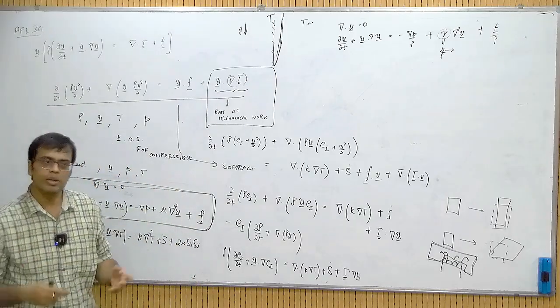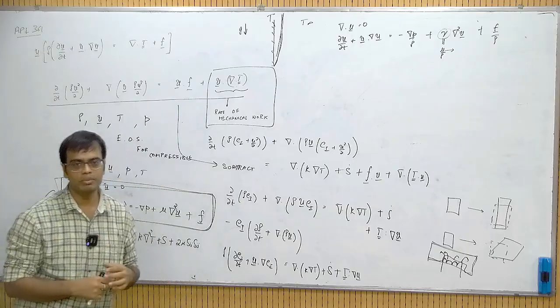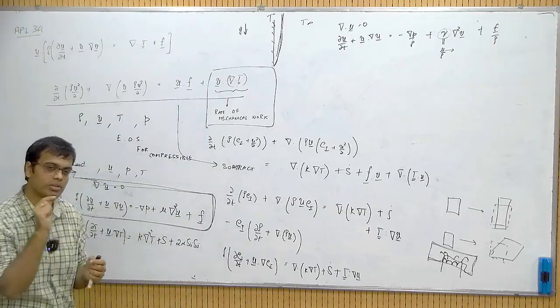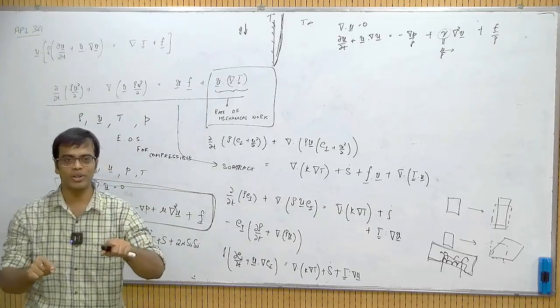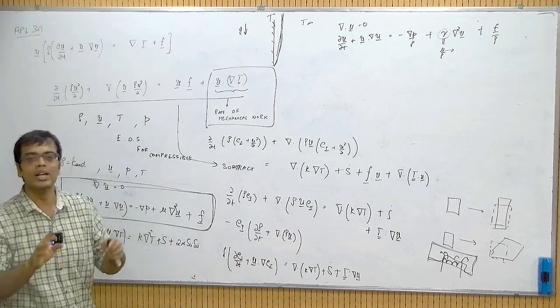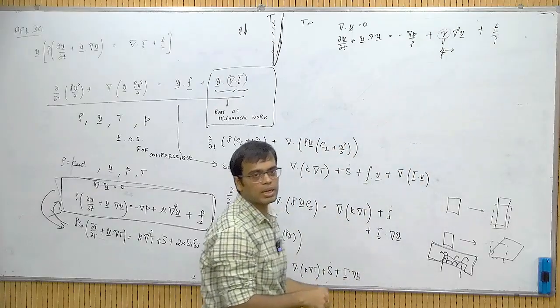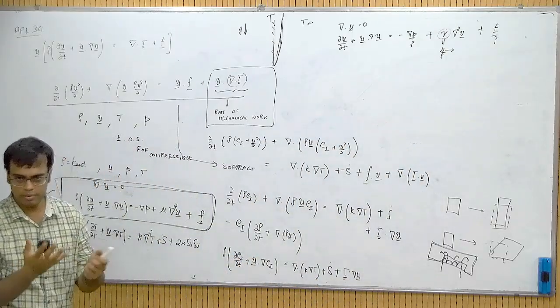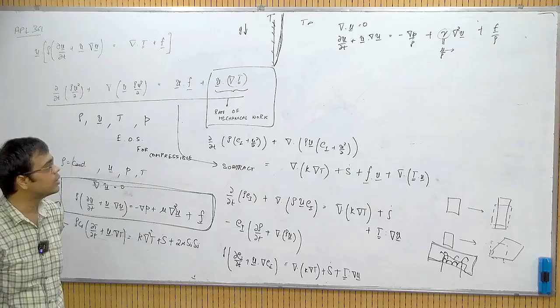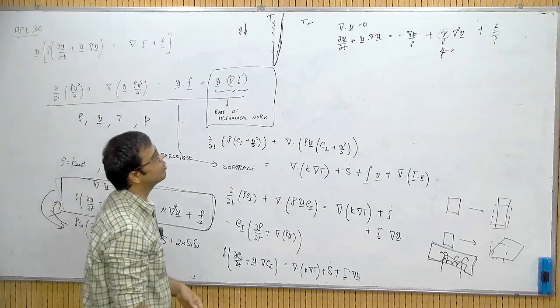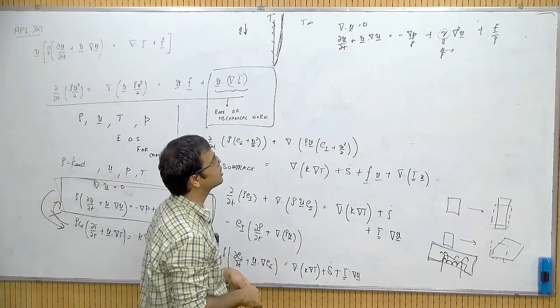Some of you may say, no, I have observed the flow of honey and the flow of water, and I know that honey is more viscous as well. Sure, you will be correct, but compare the kinematic viscosity of both, and then we can make some calls about which one is denser and more viscous.